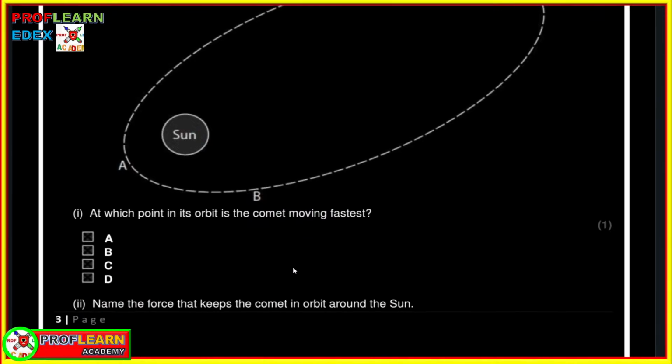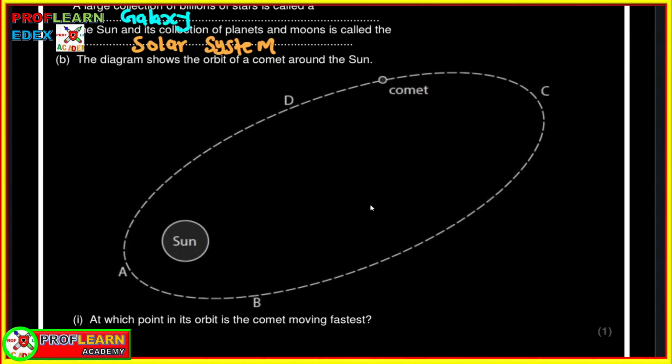That's where the gravitational strength is strongest, and that is point A. Point C is where it moves slowest. At A it is fastest, so it means at this point the comet has the highest kinetic energy.